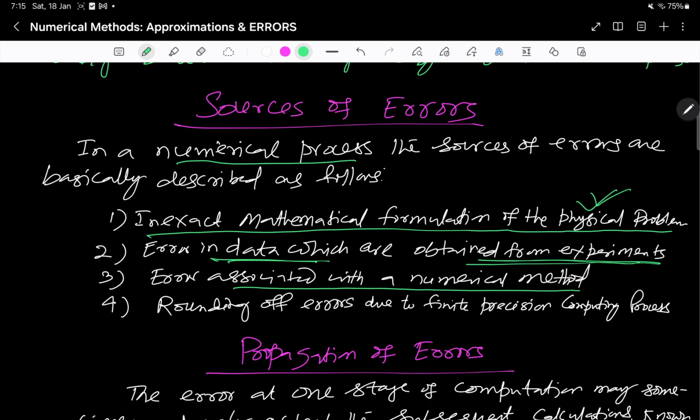If you solve a problem by the NR method, it is quicker than by bisection, so the error already exists in the method itself. Rounding errors: non-terminating numbers are rounded up to some finite places, because of the finite precision computing process. So these are the limitations from which the error will occur.